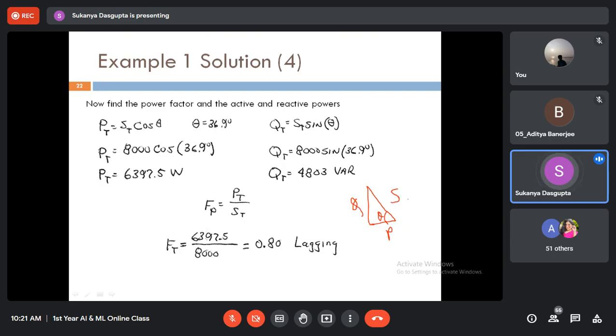Active power, reactive power, apparent power. So cosine theta is actually equal to P by S. Active power by apparent power. Right? So it's 0.8 lagging.